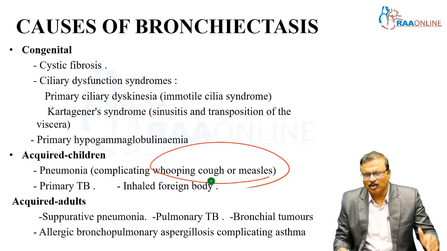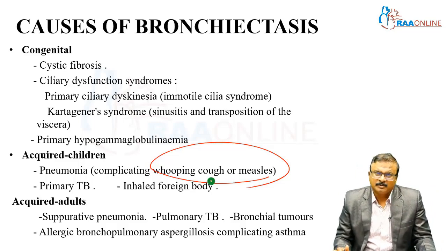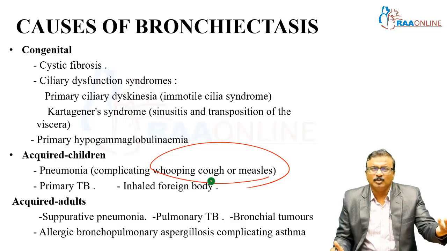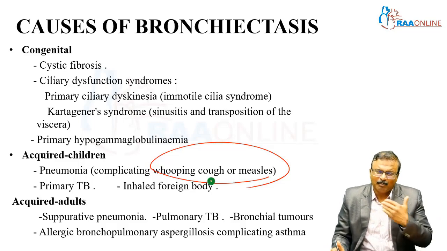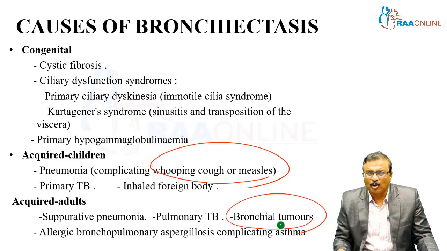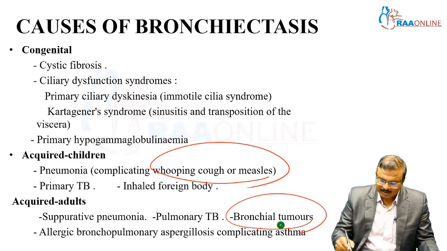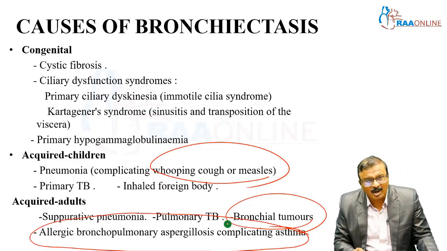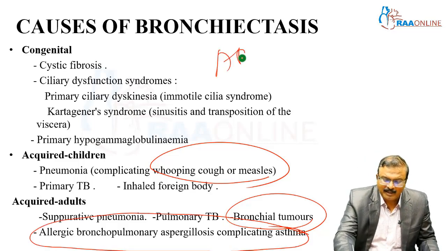As I told you, tuberculosis, it's a tuberculous sequela. In adults, a suppurative pneumonia can progress to bronchiectasis. Pulmonary tumors and bronchial tumors are also prone to bronchiectasis. The last one is allergic bronchopulmonary aspergillosis causing asthma. It is called ABPA.